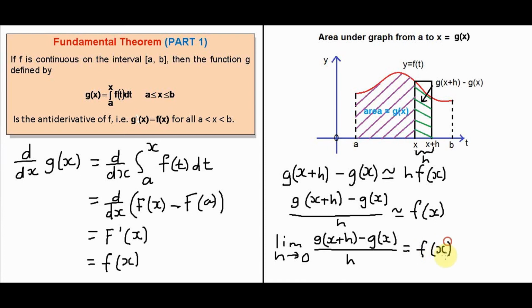And on the left hand side we basically have the definition for g prime of x. So this is essentially what we want to show in the proof. We also want to show that this is true not only for functions that are positive, but for any function, whether positive or negative.